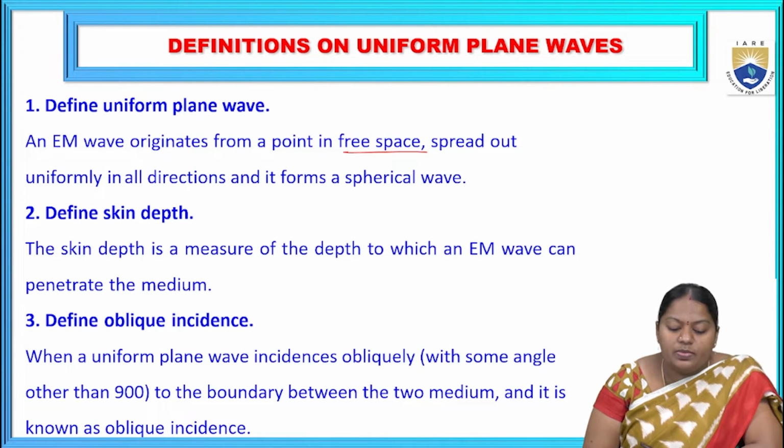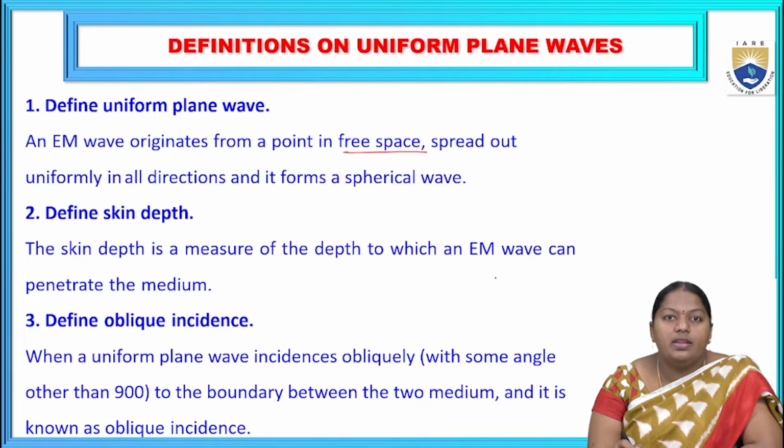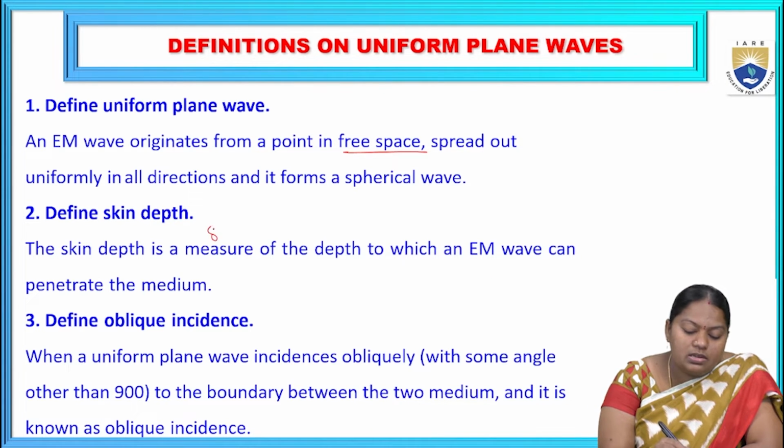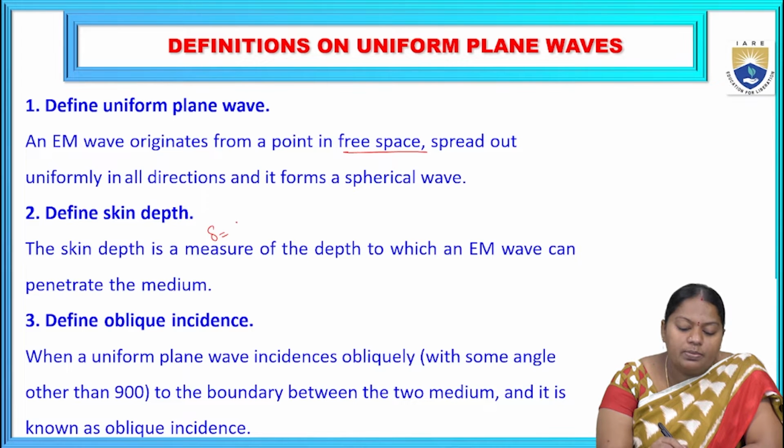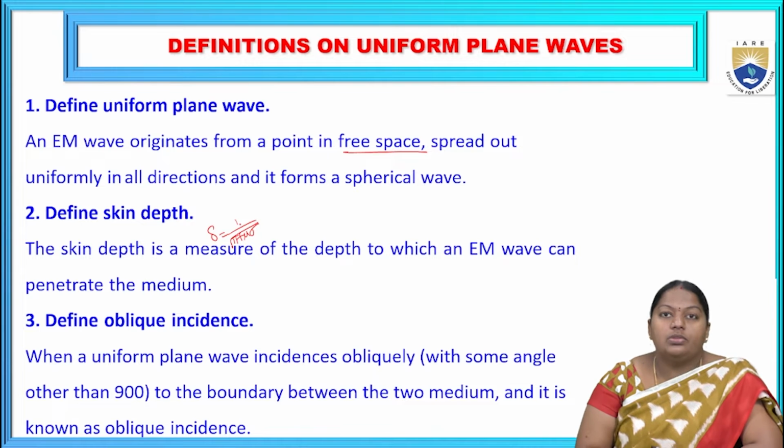The depth to which the electromagnetic wave can penetrate into the medium is defined as the skin depth, and it is represented with delta, given by 1 by root of pi f mu sigma. So skin depth delta is inversely proportional to the square root of frequency and conductivity of the medium, right?